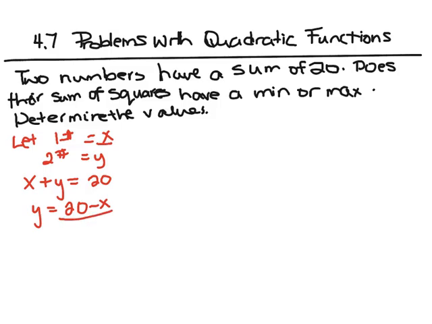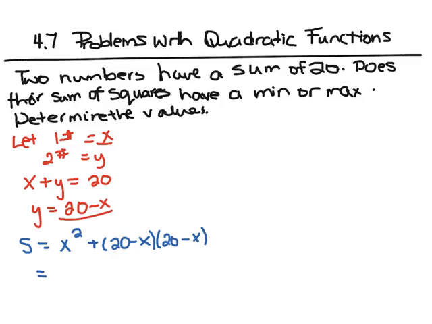We want to know if the sum of their squares has a minimum or maximum value. So let's say S is equal to the sum of their squares. So each of them are squared and we're adding them together. And because this is a binomial, it's the same as multiplying it by itself.